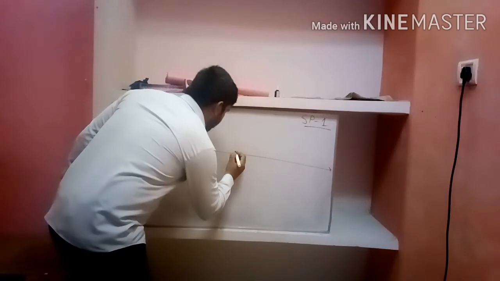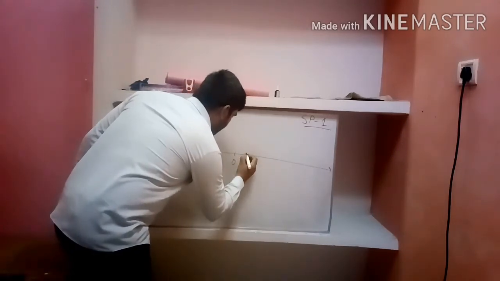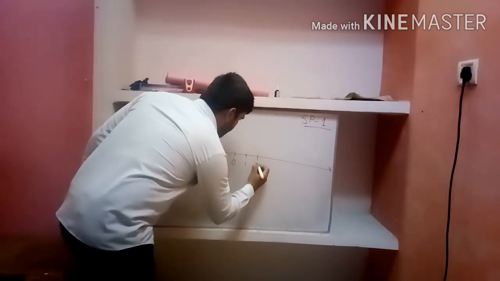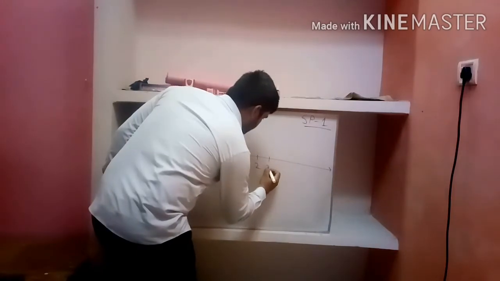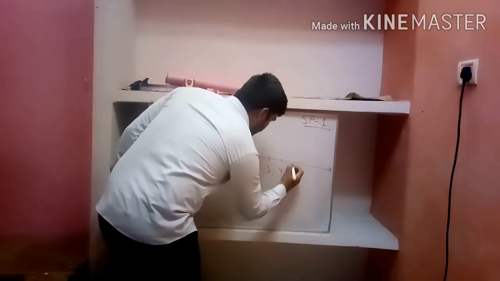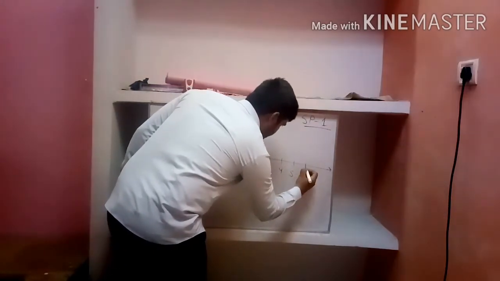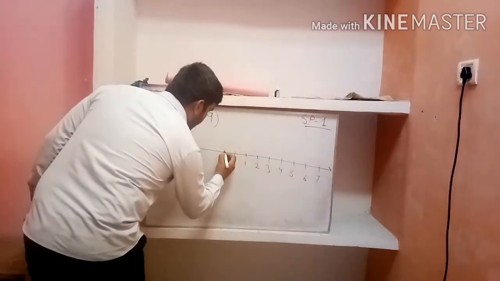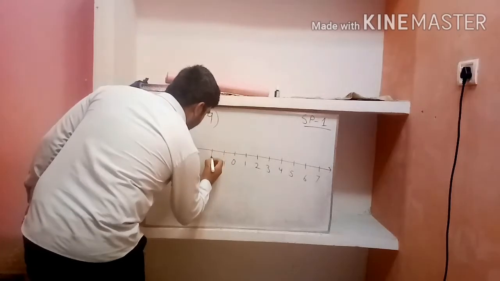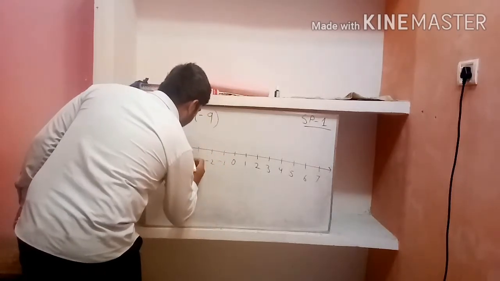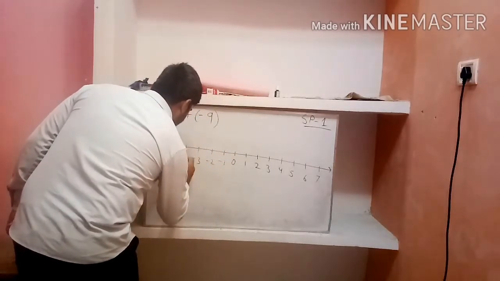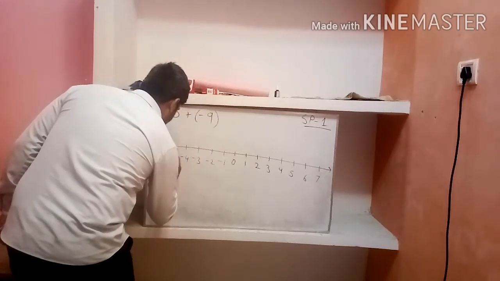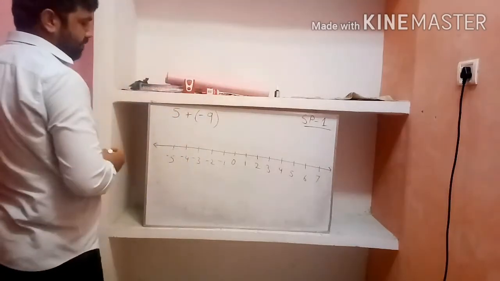We start from here. 0, 1, 2, 3, 4, 5, 6, 7. Here -1, -2, -3, -4.